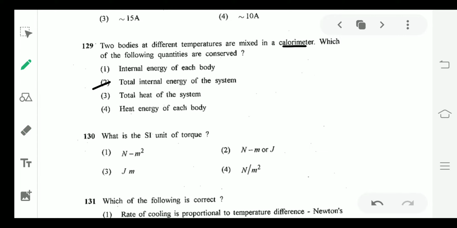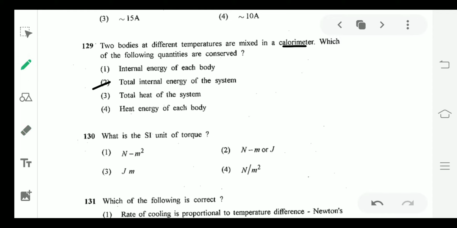Now let's move further. What is the SI unit of torque? The torque can be written as R cross F, the force applied in the perpendicular direction from the axis of rotation of any object.